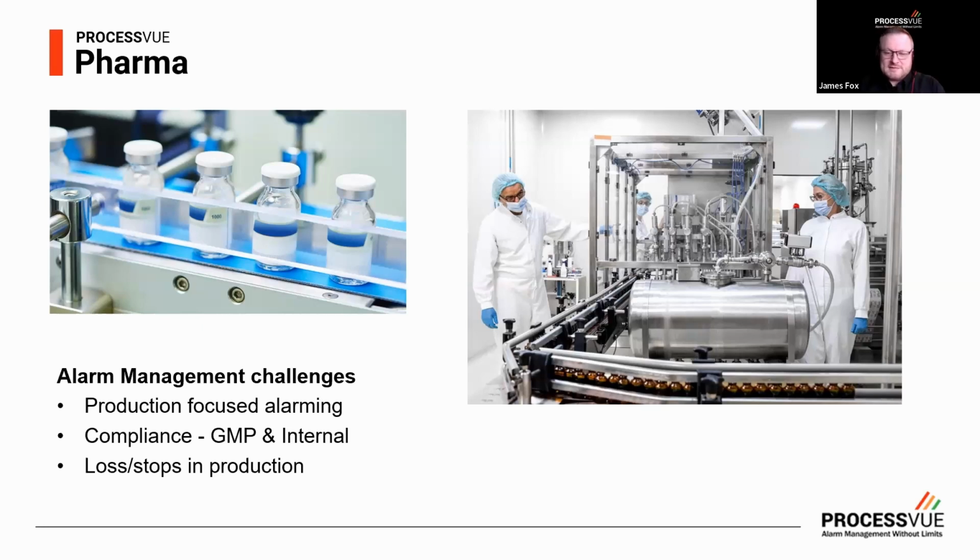And this is in part due to the heavily regulated industry in which they operate. But what it does mean is that they don't have all of the nuisance alarms that we see in other industries. And that puts them in a great position to then use their alarm and event data to help drive product quality and help them in search of that golden or perfect batch, using the alarms to help reduce losses and trips in production.